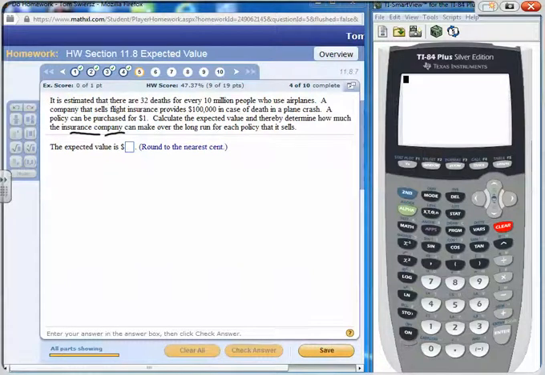Okay, now, what happens is, again, if we want to use our list in the calculator, we have L1 and L2, and we have either the person dies or lives during the plane flight. Now, if the person dies, the expected value is they pay $1, but the insurance company must provide $100,000.